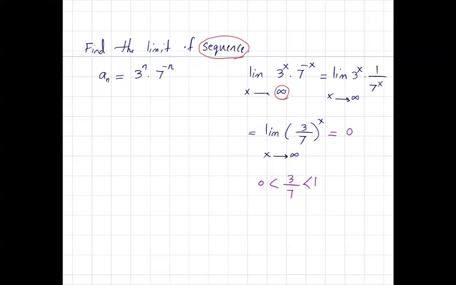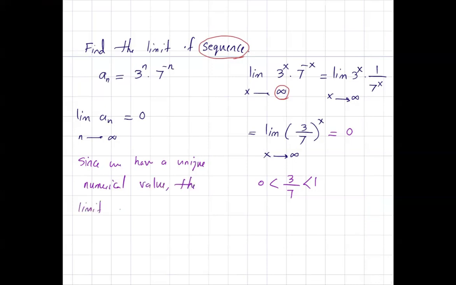What's the meaning of that? It means that the limit of your sequence a_n as n goes to infinity is equal to 0, since we have a unique numerical value.